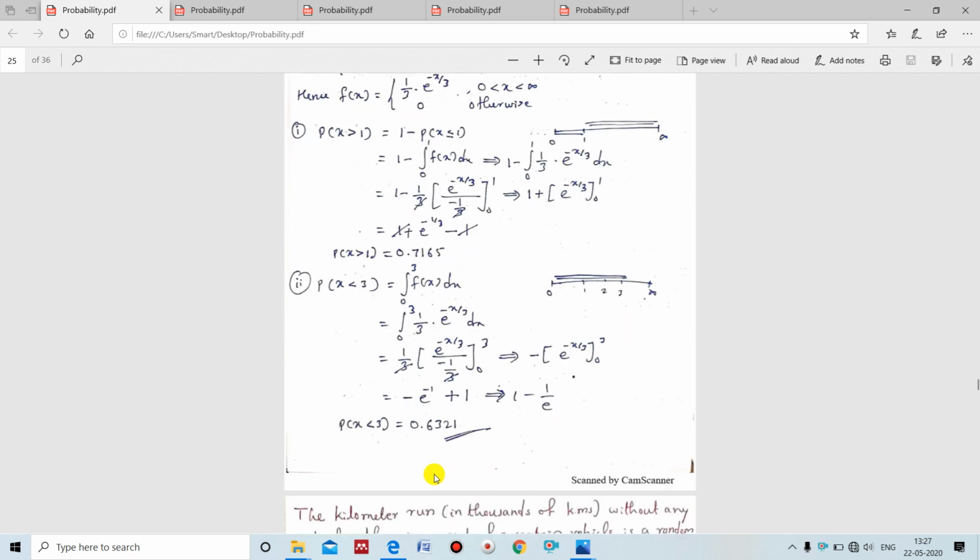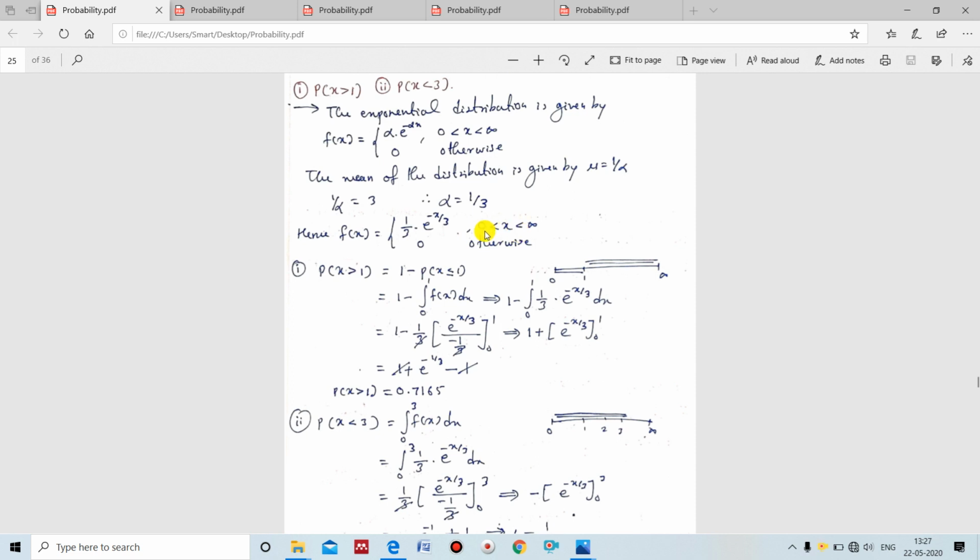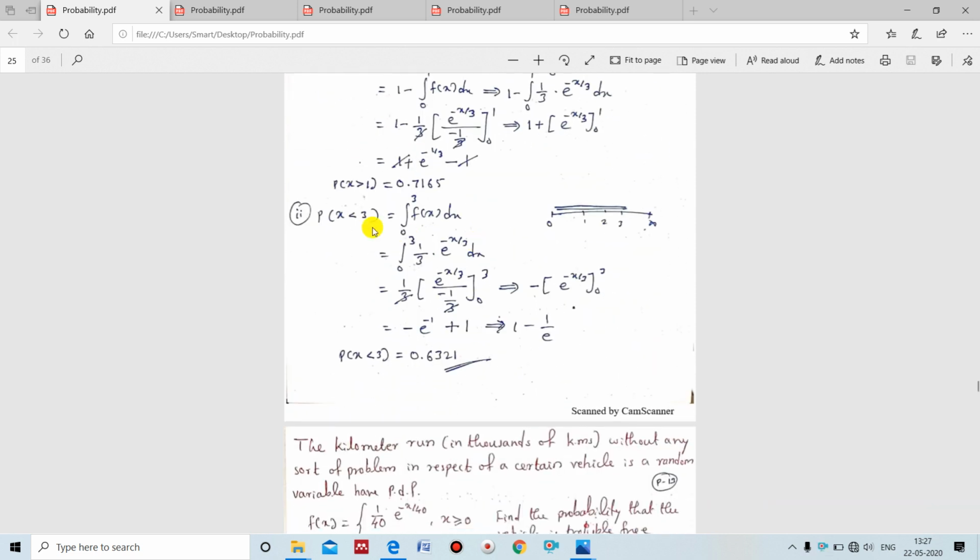Then the second question is the probability of x is less than 3. So less than 3 means the lower limit by definition is 0. Then upper limit, in the question they have given 3. Integration from 0 to 3 f of x dx, 0 to 3, f of x value is 1 by 3 into e raised to minus x by 3 into dx. So let us integrate and put the limit values. So 1 by 3 into e raised to minus x by 3 divided by minus 1 by 3, interval from 0 to 3.